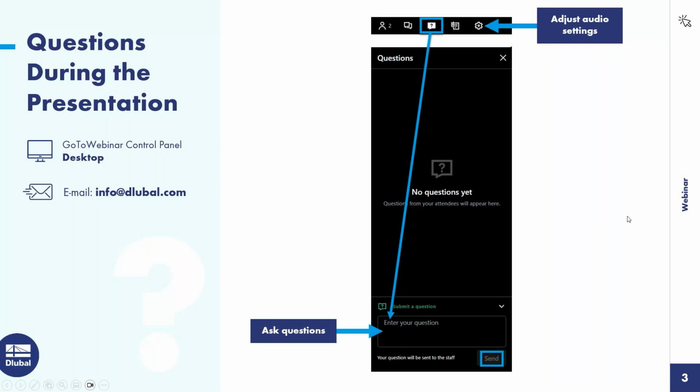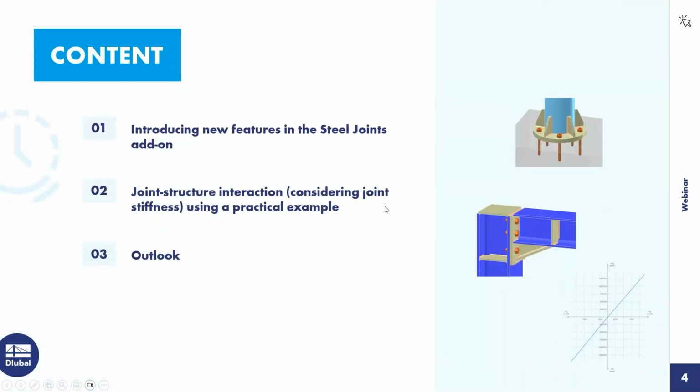Okay, let's turn to the agenda today. At first, I will introduce new features in the steel joints add-on, at least those features that we implemented since the latest webinar. It's about half a year.